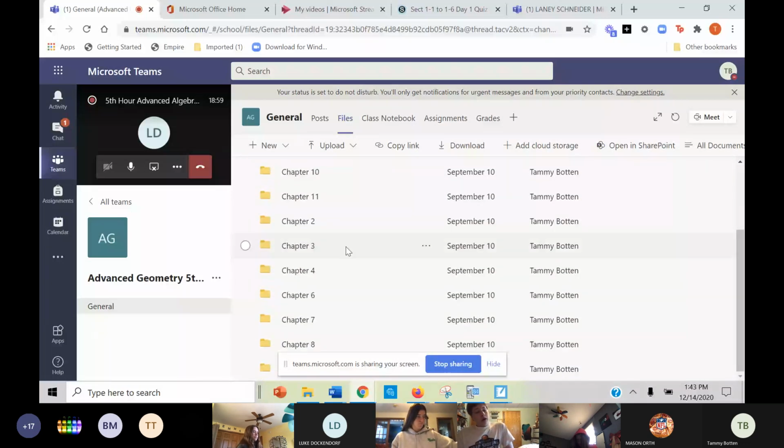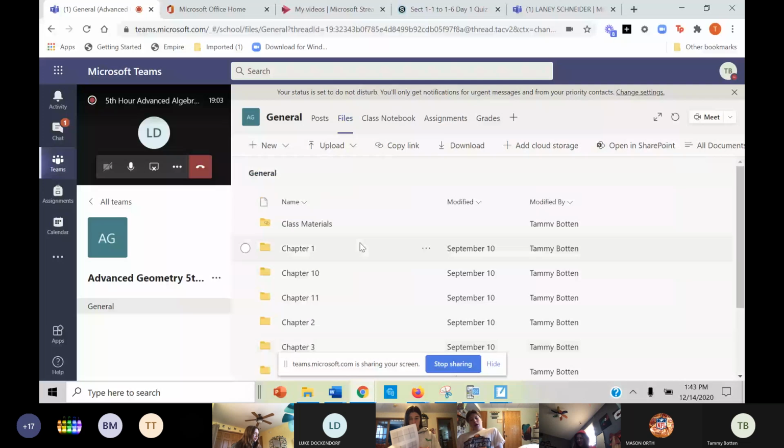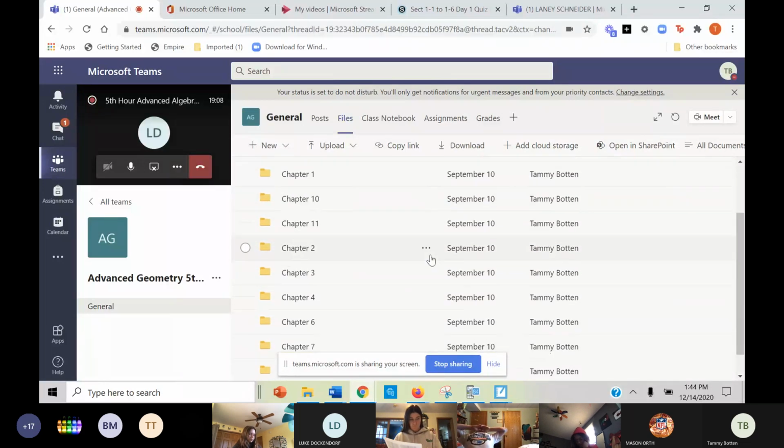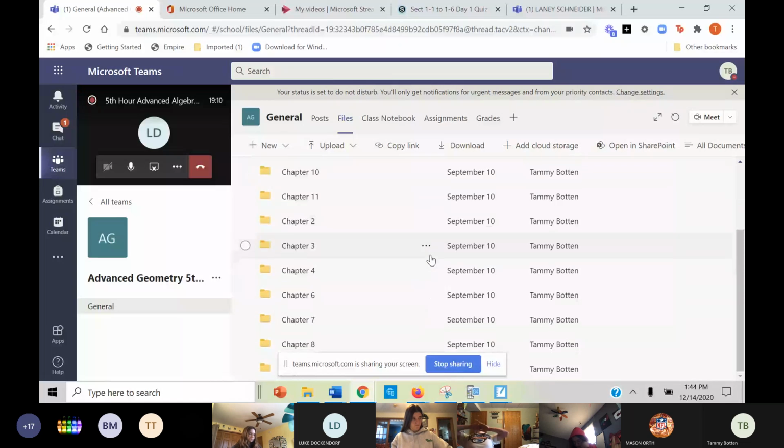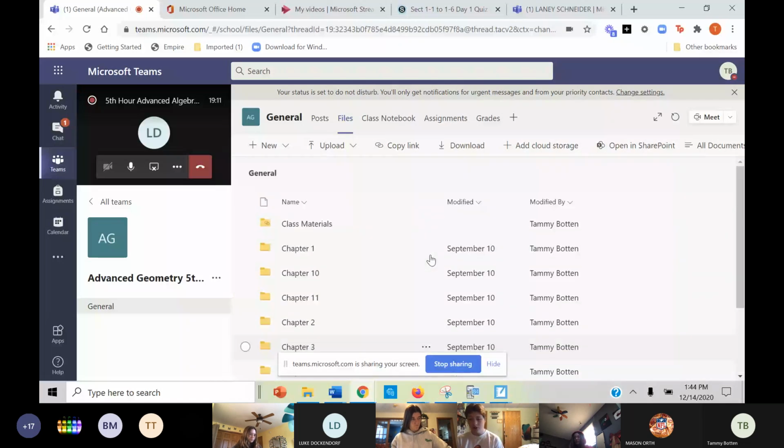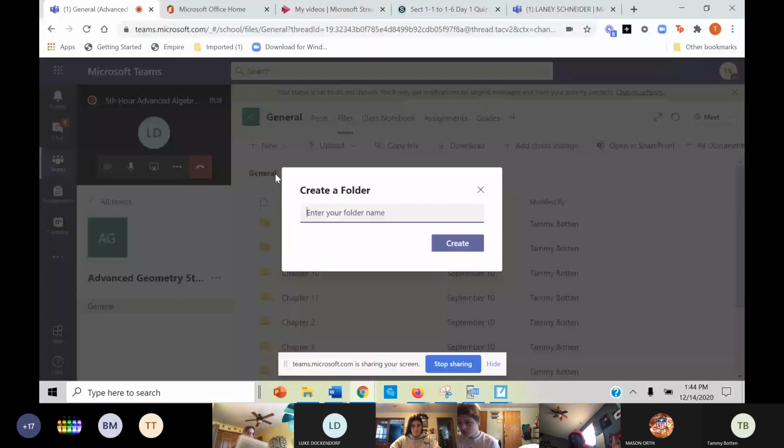Am I in the right class? 5th hour advanced algebra 2. Well, maybe for your class I don't have one, but I can do that really quick and make graph paper.